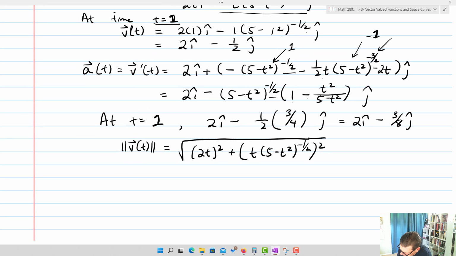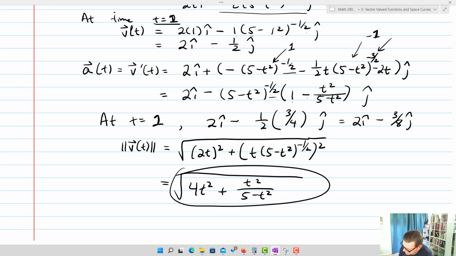And when we do a little simplification, this is going to end up being the square root of 4t squared plus, and this will be then just t squared over 5 minus t squared. Okay? And for the moment, we'll just keep it at that.